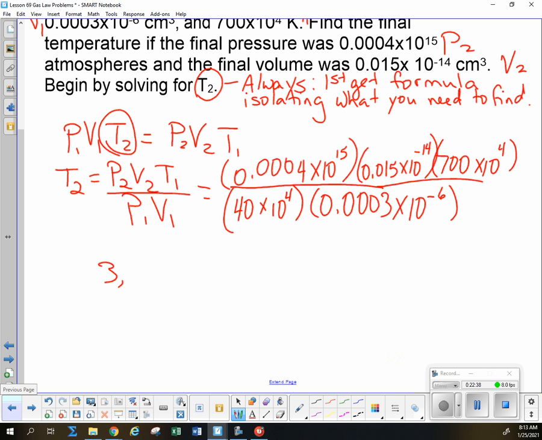So 3,500,000 kelvins. Those of you that did not get this, go back and take a look at your big fraction bar. Does it look like this? One of the things I did a few times was I got down here and did 40 times my 10 to the button fourth, and then I forgot to move my cursor to get out of that.